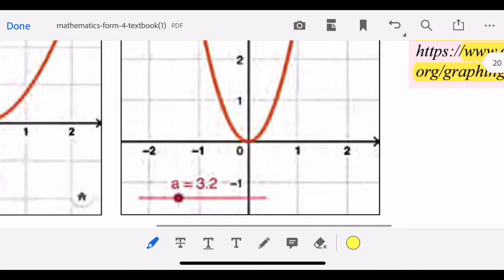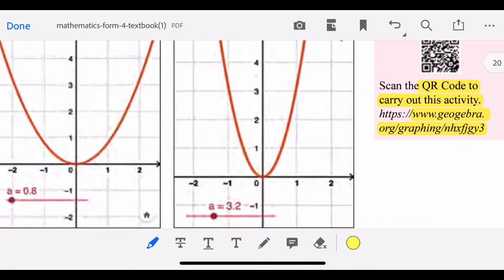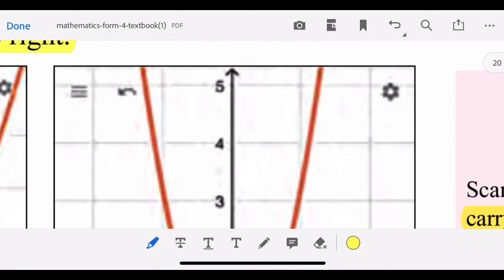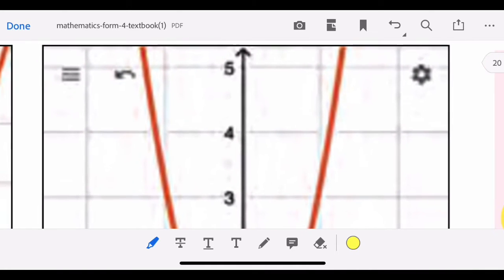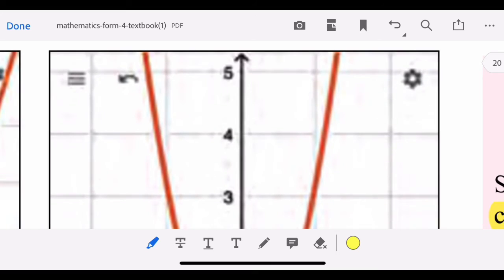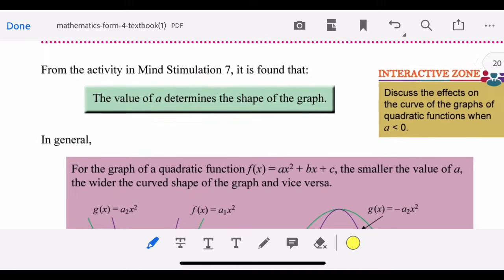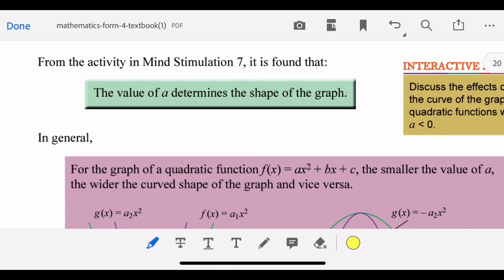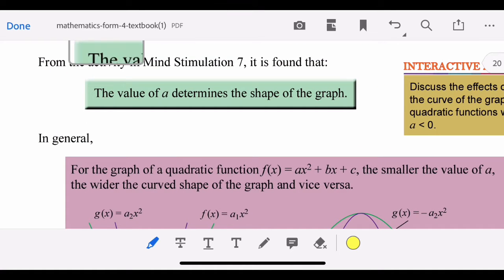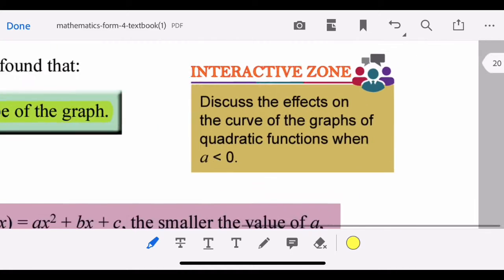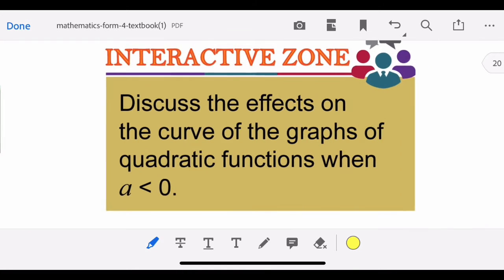When the a is bigger, the shape of the quadratic function is opened up narrower. So from the activity in my simulation 7, it is found that the values of a determines the shape of the graph. So let's see the interactive zone.